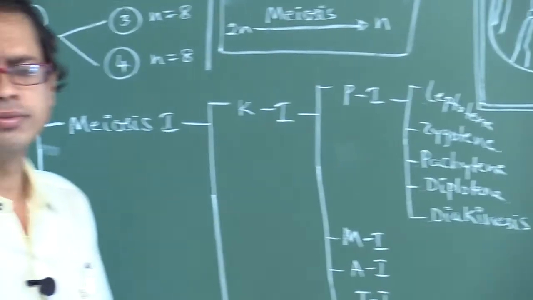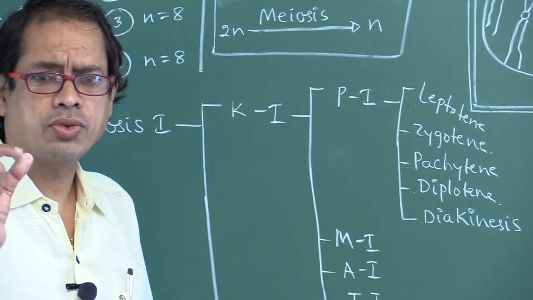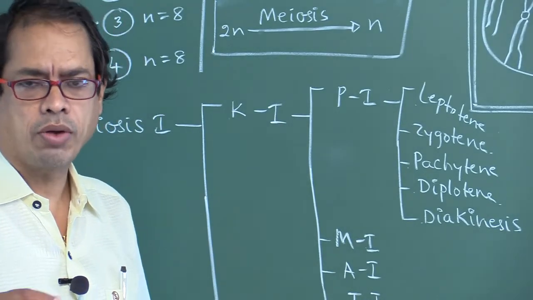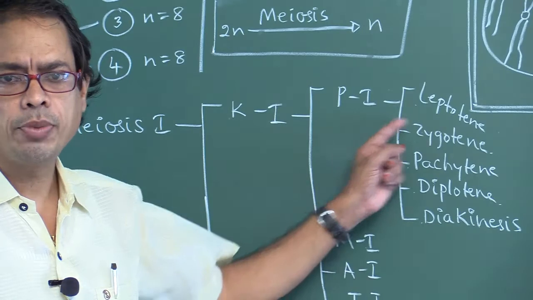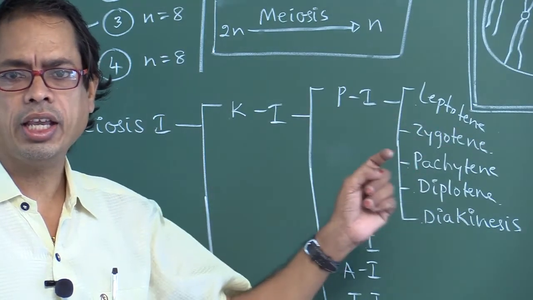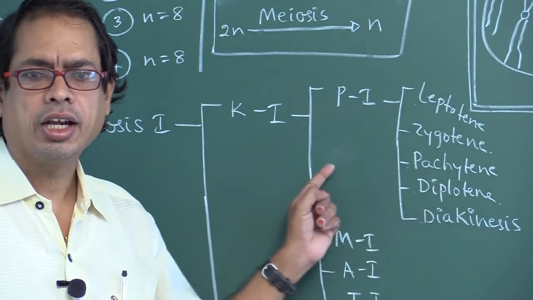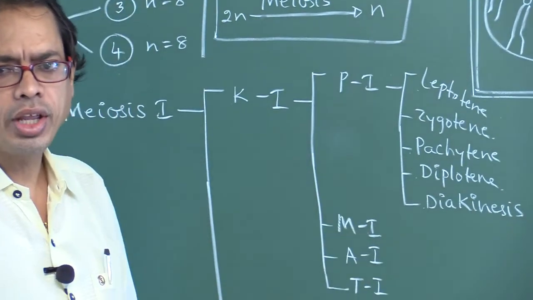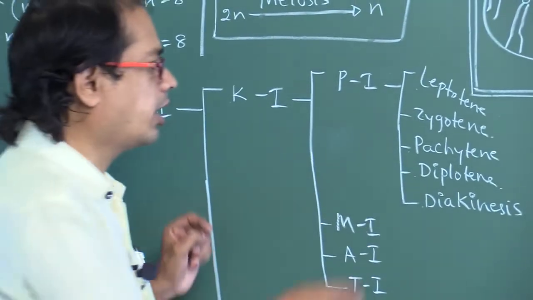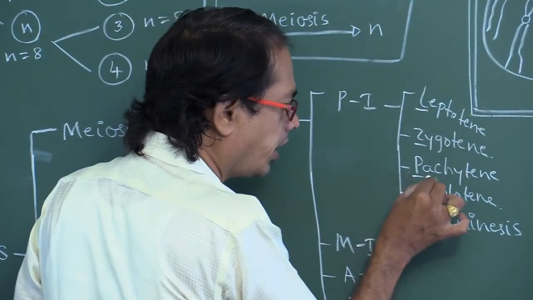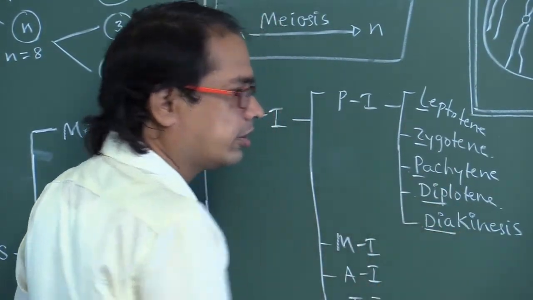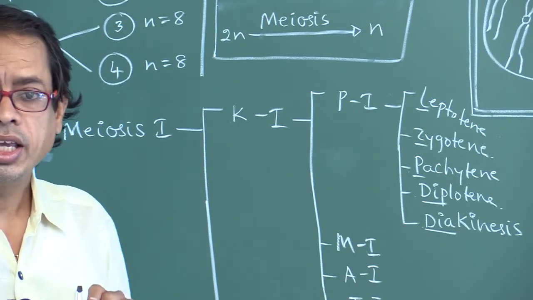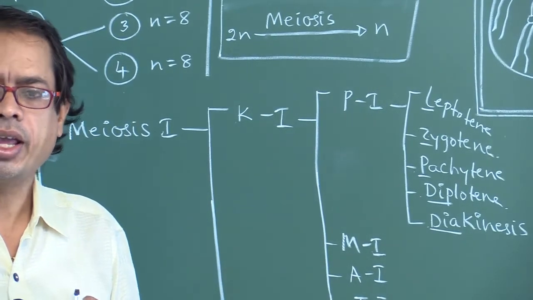Number of steps in prophase of meiosis 1: leptotene, zygotene, pachytene, diplotene, diakinesis. The code is LZP dip dia. What is the code to remember? LZP dip dia.